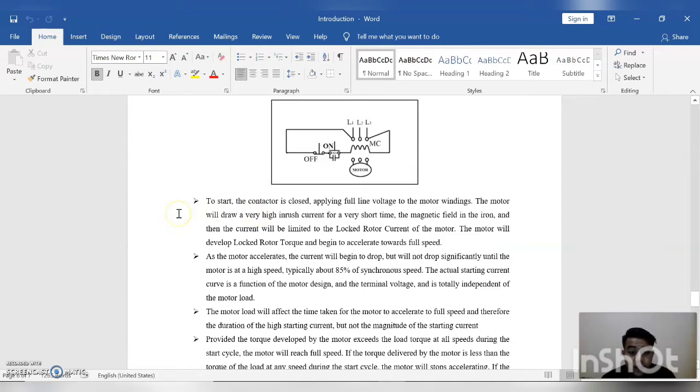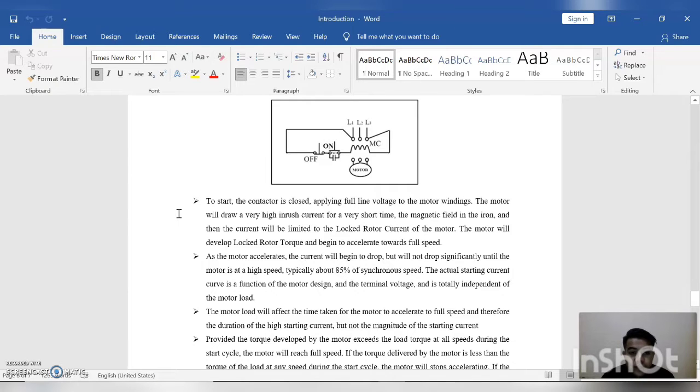To start, the contactor is closed, applying full line voltage to the motor windings. The motor will draw a very high inrush current for a very short time. The magnetic field in the iron then limits the current to the locked rotor current of the motor. The motor will develop locked rotor torque and begin to accelerate towards full speed.